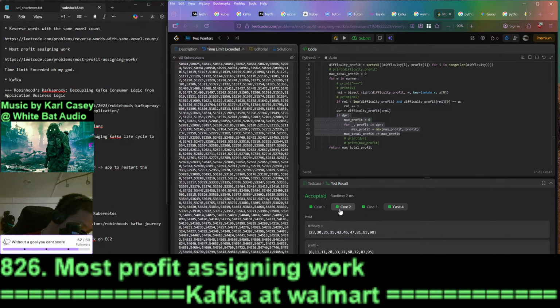So we move this back to this. So when we move one pointer in the difficulty, we also shrink the number in the profit, right?